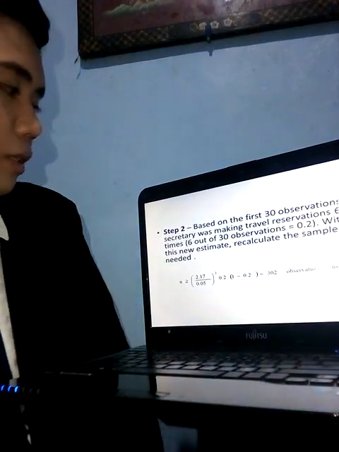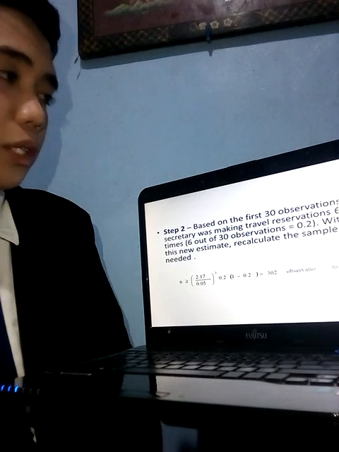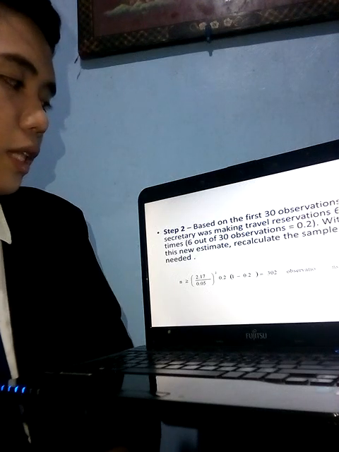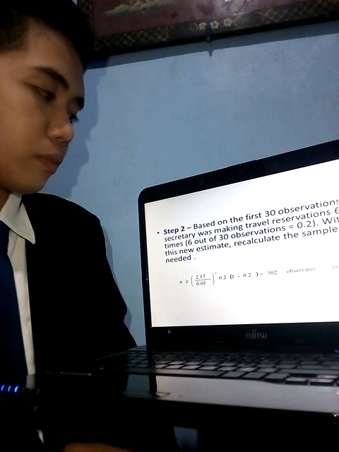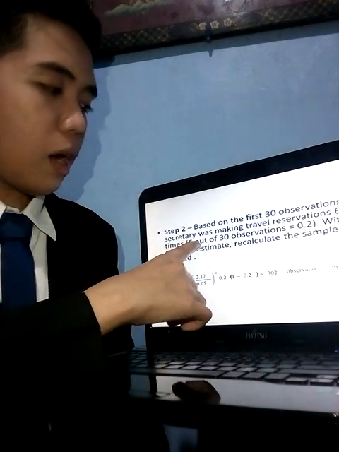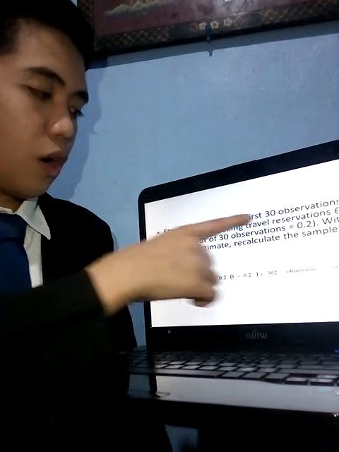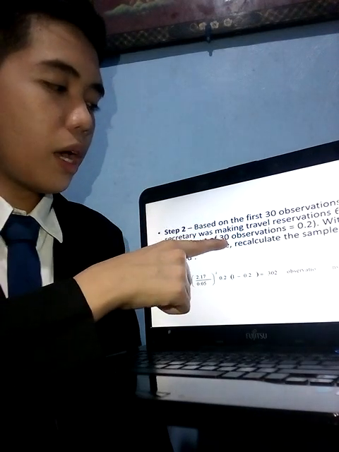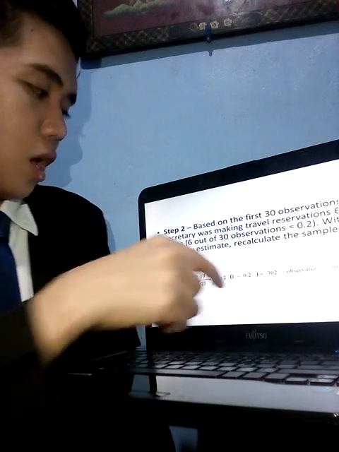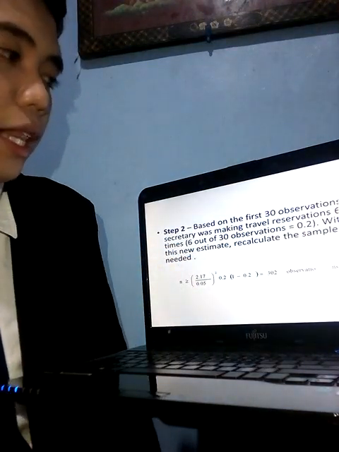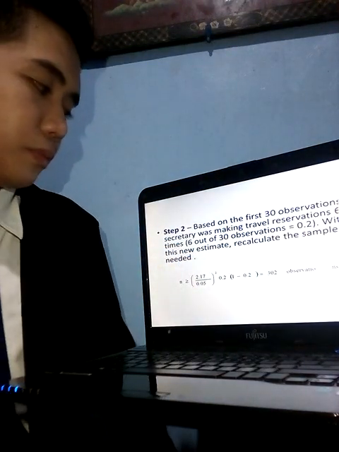Second step: based on the first 30 observations, the secretary was making travel arrangements 6 times, or 6 out of 30 observations, or 6 divided by 30, which is equal to 0.2. With this new estimate, recalculate the sample size needed.